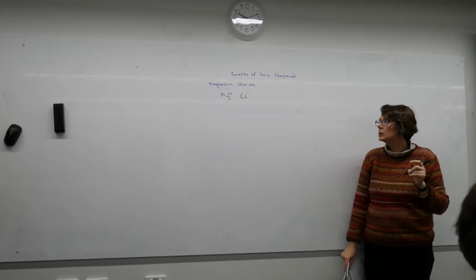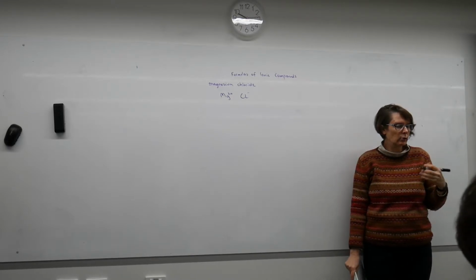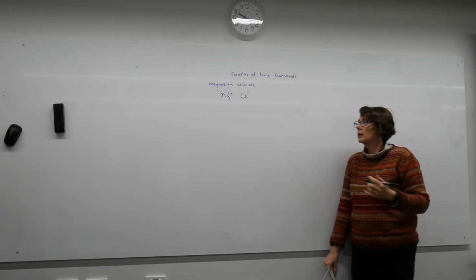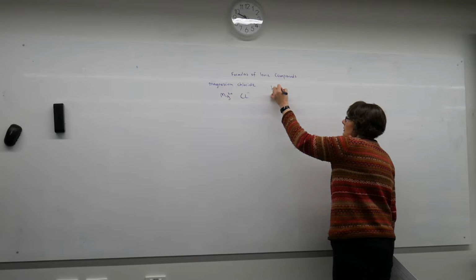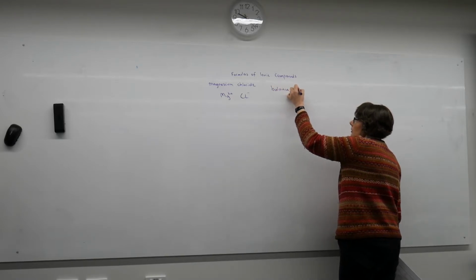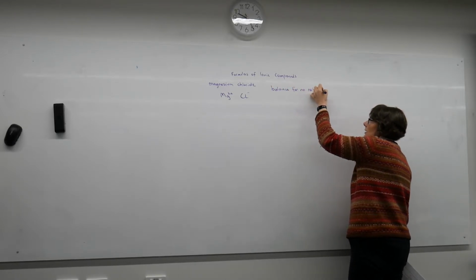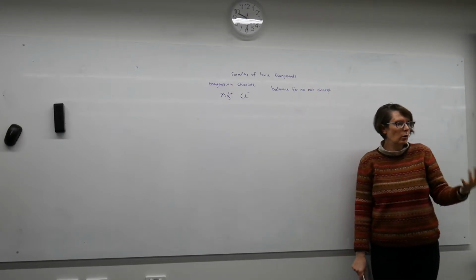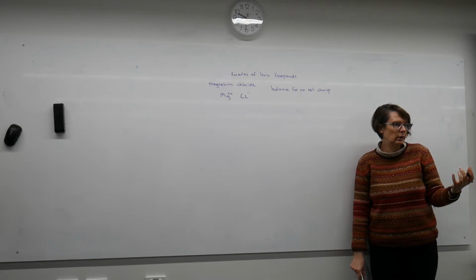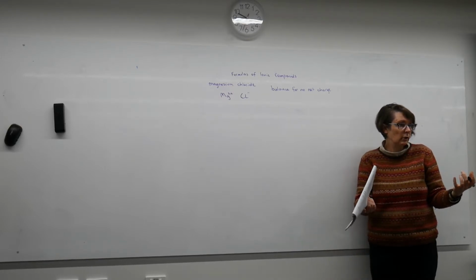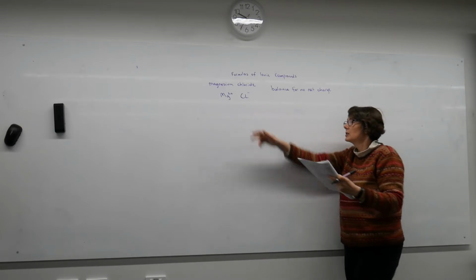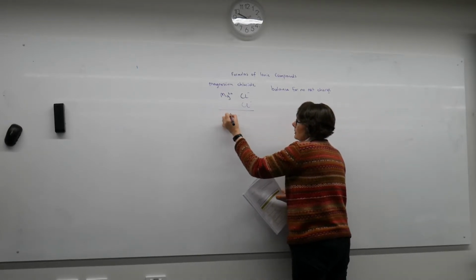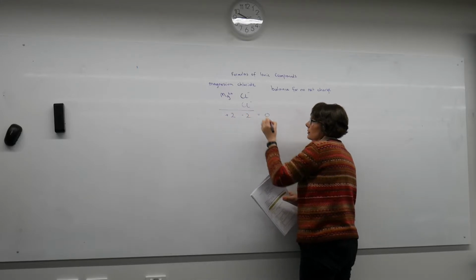Now what I need to do is make sure that I have the correct quantities for no net charge. Okay, so I balance for no net charge. I don't want any charge left over. So if I've got a magnesium with a 2+ charge and a chloride ion with a single negative charge, I need 2 of these to balance the charge. Okay, +2 minus 2 equals 0.